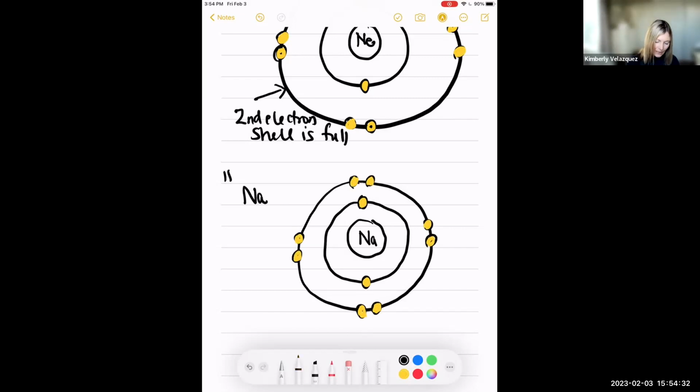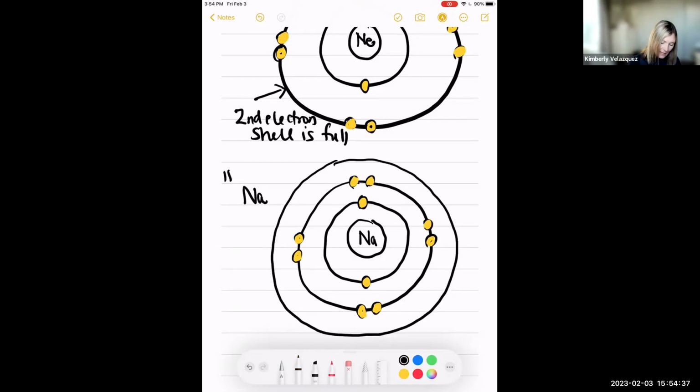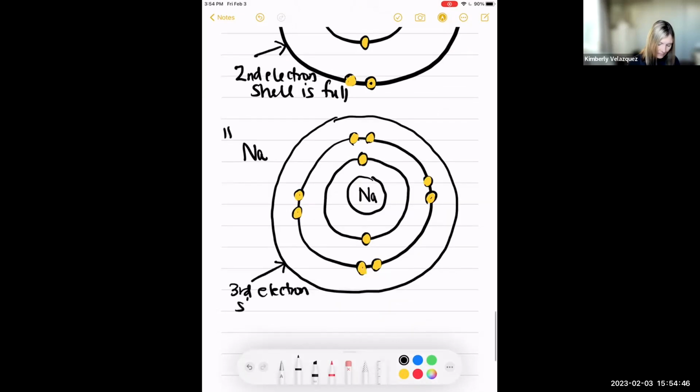So we need to go to the third electron shell, which remember also holds 8. So that 11th electron is going to have to go in the third shell because the first 2 shells are full. That means sodium has 1 electron out here in the outer electron shell, in that third shell.